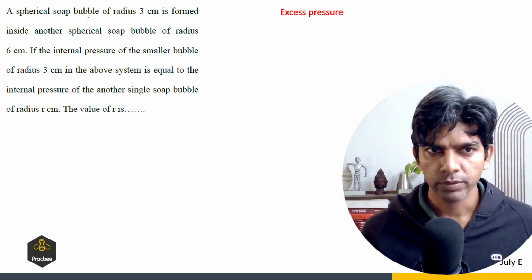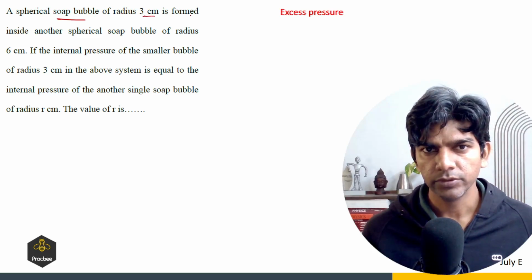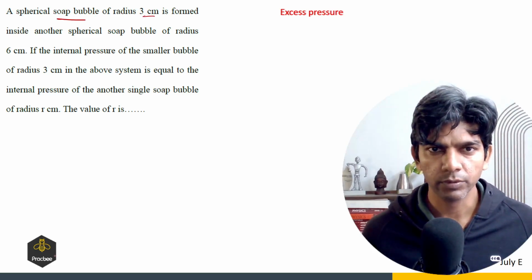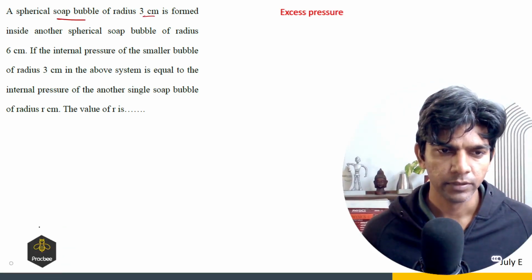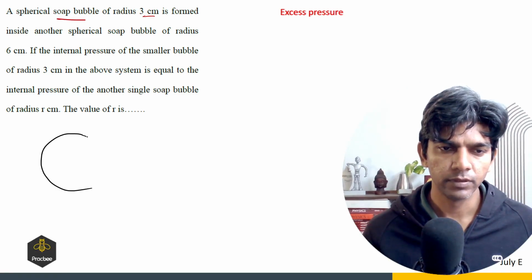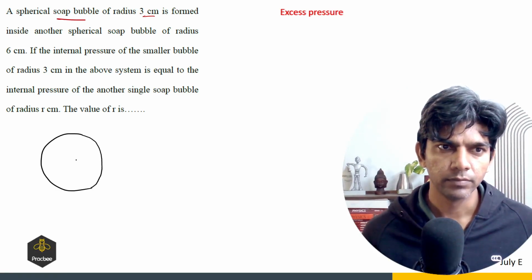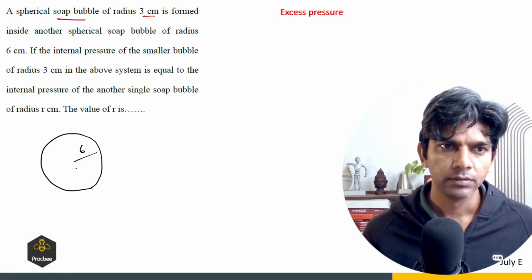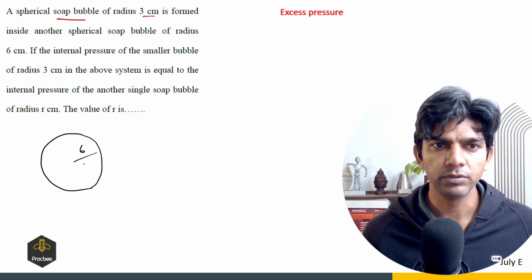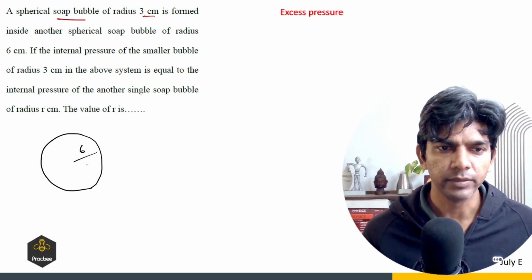A spherical soap bubble of radius 3 centimeter is formed inside another spherical bubble of radius 6 centimeter. So we are given a bubble of radius 6 centimeter, and inside this bubble there is another bubble of radius 3 centimeter.